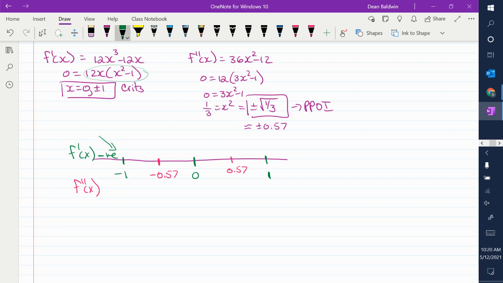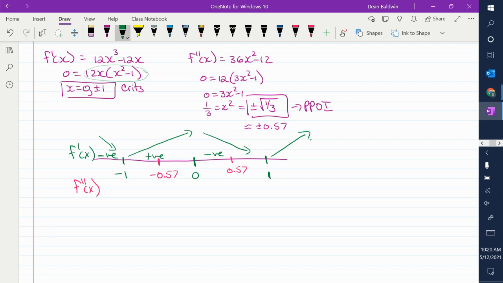Negative times negative is positive. So on this interval, the graph is going up. And then you do the same out here. The next interval, I'll tell you, it's negative. And then it's positive.